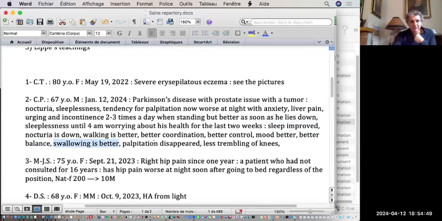Swallowing is better. Palpitation disappeared. Less trembling of the knee. He went from Ganoderma 30 in January to 200 in February to 1M in March, and now he's taking the 10M. And he improved gradually with each potency.